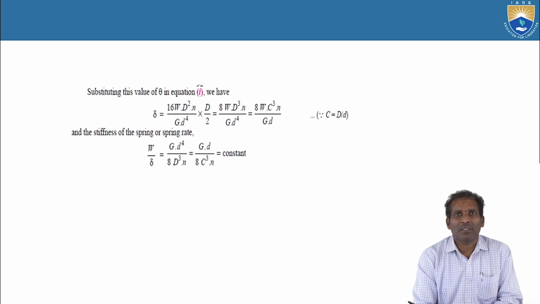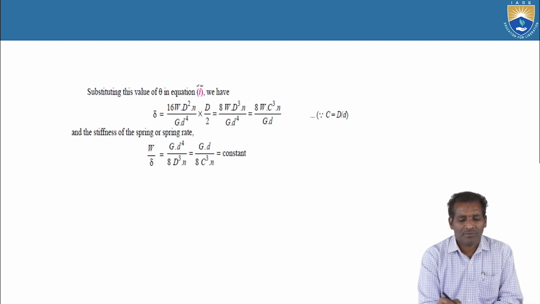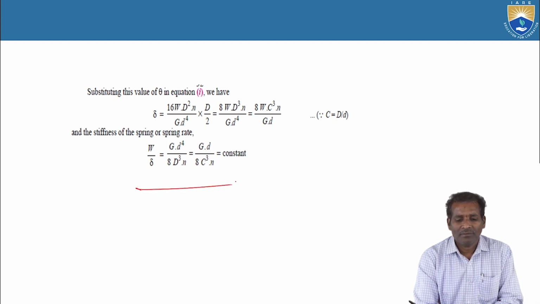Substituting this value of theta, you will get the relation for stiffness of the spring, or spring rate: W by delta is equal to G into d by 8 C cube n.